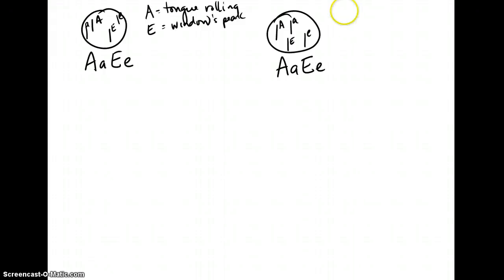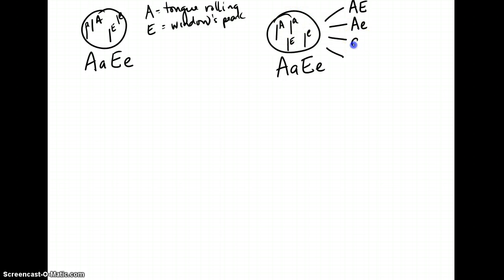When you look at this, you have to break down all the possible combinations. When meiosis happens, this big A could be separated with this big E, so that could be one of the gametes. We could have this big A be separated with this little e, and this is something that you did in the quiz.